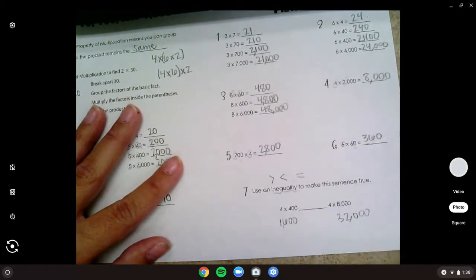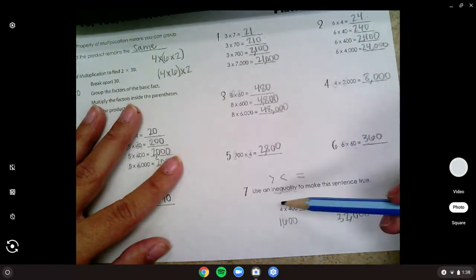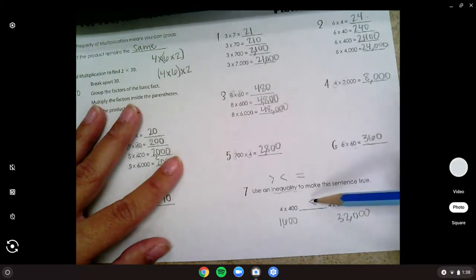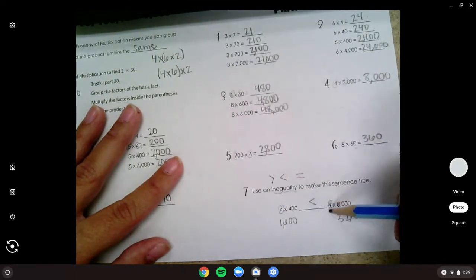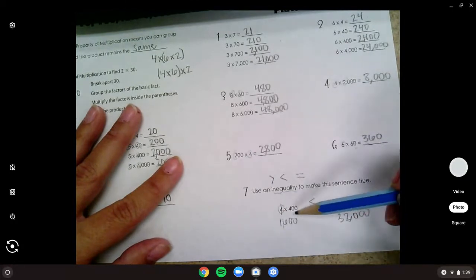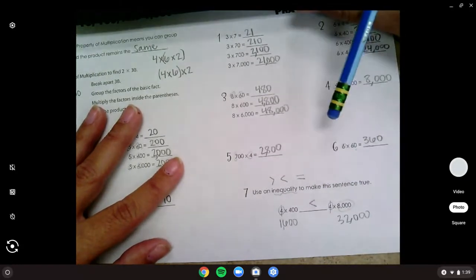Well, 32,000 is greater than 1,600, so 4 times 400 is less than 4 times 8,000. Looking at this too, we can tell because 4 and 4 are the same, those cancel out. So let's look at 400 and 8,000. Well, we know 8,000 is bigger, so we can think of it that way too.